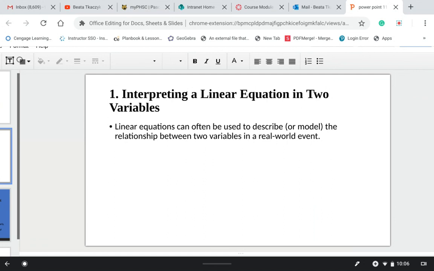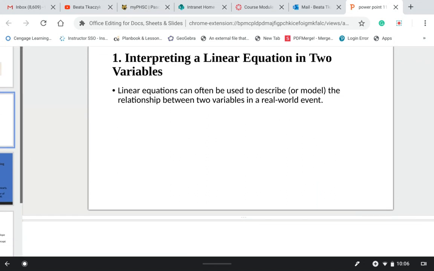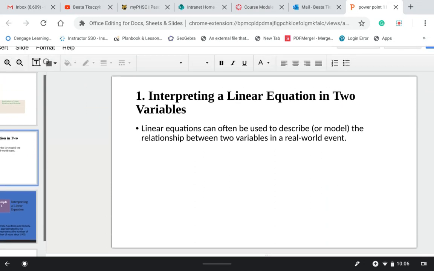So a linear equation can often be used to describe the relationship between two variables in real world problems or events.